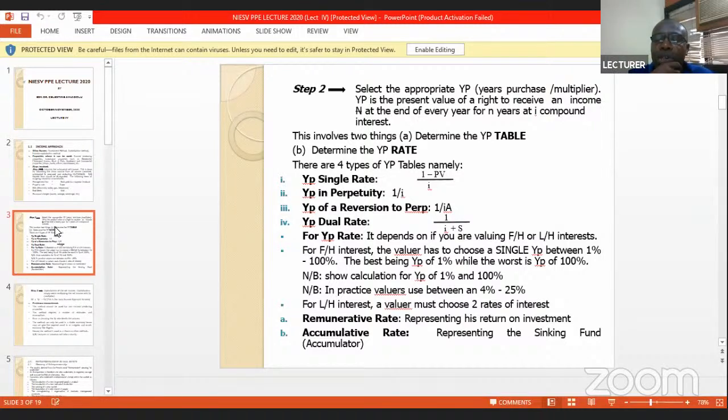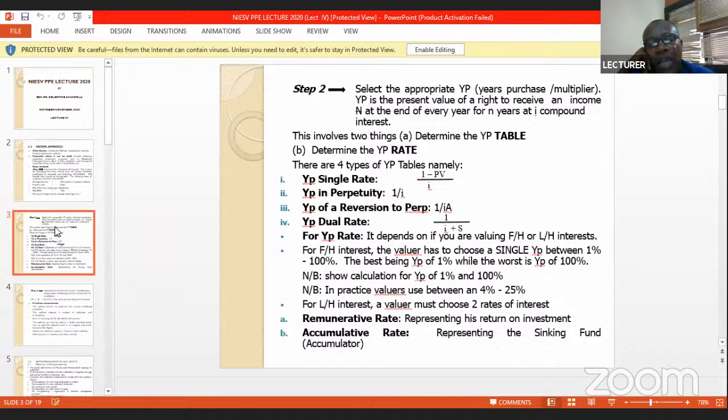So, for YP rate, remember we said two things are involved: YP table and YP rate. We have mentioned the four YP tables: YP single rate, YP in perpetuity, YP of a reversion to perpetuity, and YP dual rate.